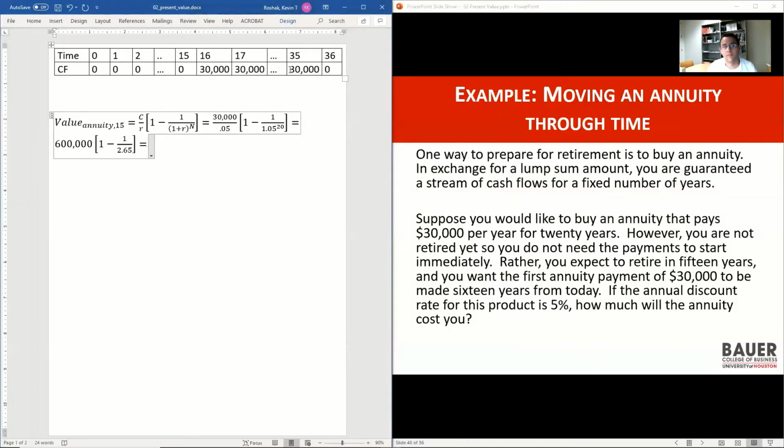Next, I would work inside this bracketed term. I'd calculate the fraction. So we've got 600,000 times 1 minus about 0.38. So that's equal to 600,000 times about 0.62, which gives us 373,000 roughly. Okay. So that's the value of the annuity sitting in year 15.